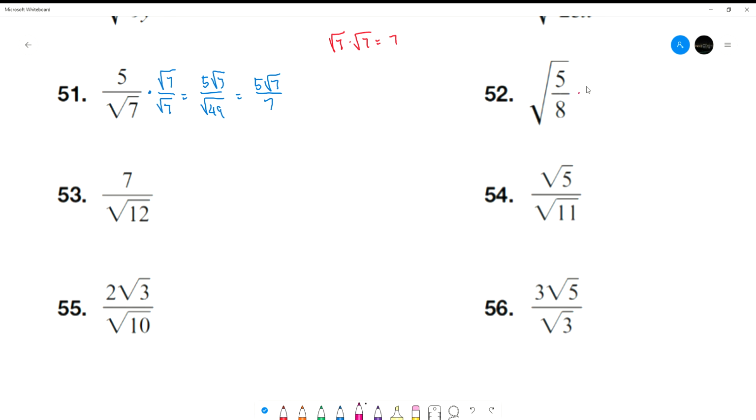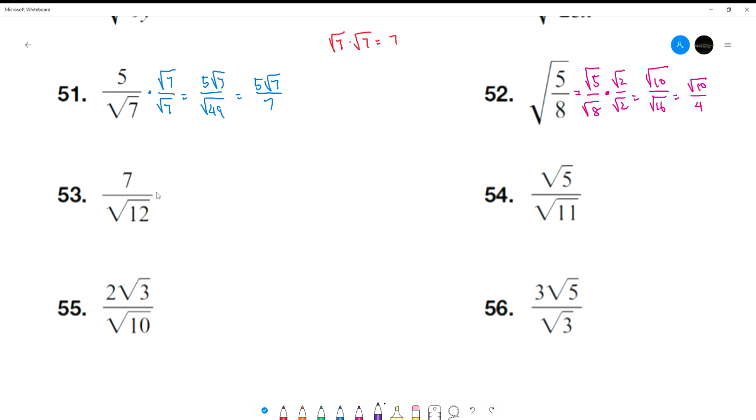So this next problem, we separate to radical 5 over radical 8, and we want to multiply this by root 2 over root 2. That'll give us radical 10 over radical 16, which is then radical 10 over 4.